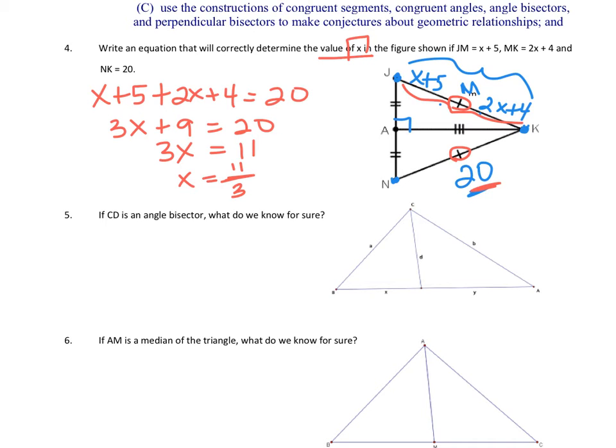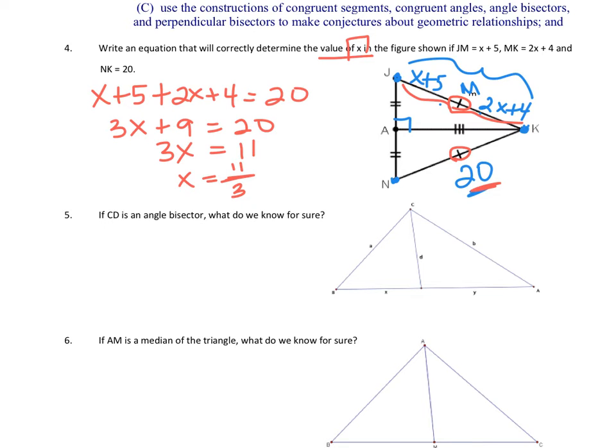If I substituted that in there, I would have 11 thirds plus 22 thirds, which is 33 thirds, right? So that's 3.